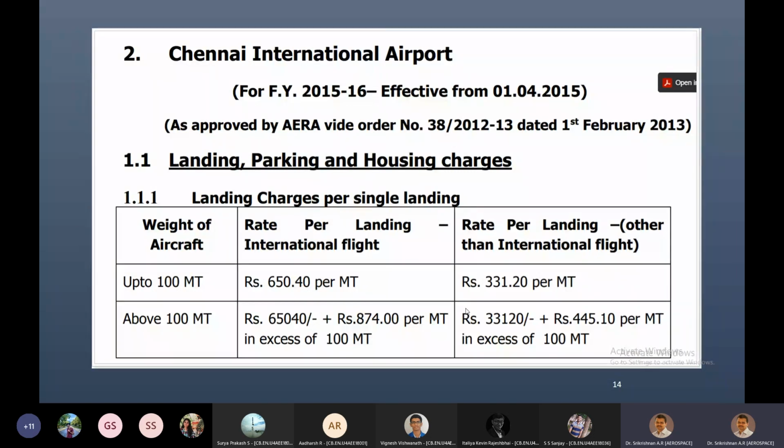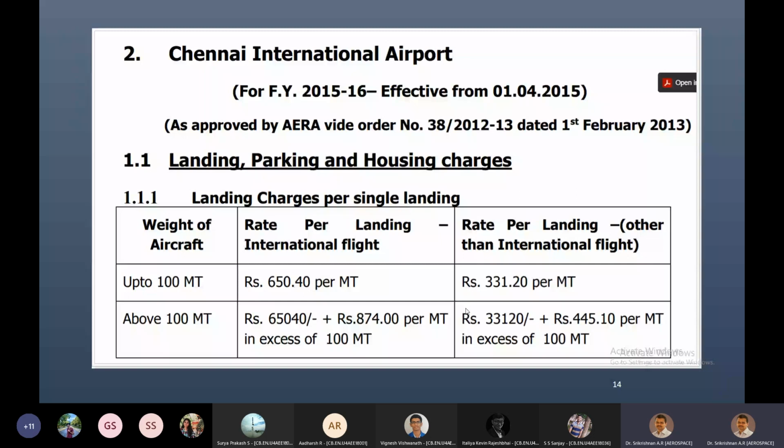For a non-international flight, say a domestic one, the charge is about half of it, 331.2 per metric ton. Again, that is also a function of the weight of the aircraft.